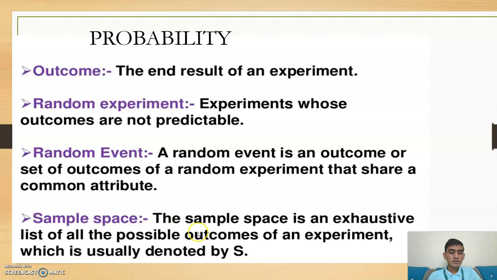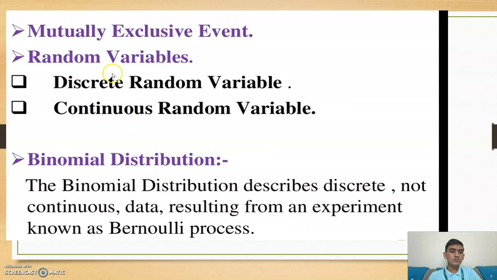What is a sample space? A sample space is an exhaustive list of all the possible outcomes of an experiment, which is usually denoted by S. So these are mutually exclusive events. Then we have a random variable, discrete random variables and continuous random variables.